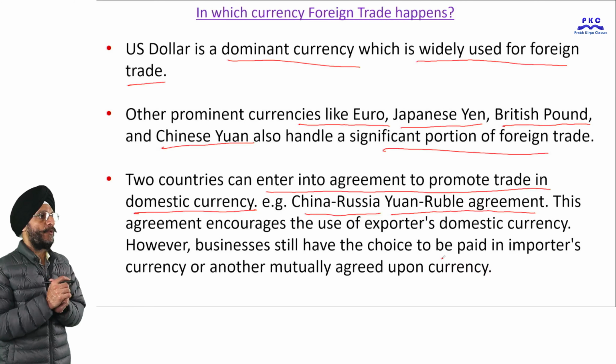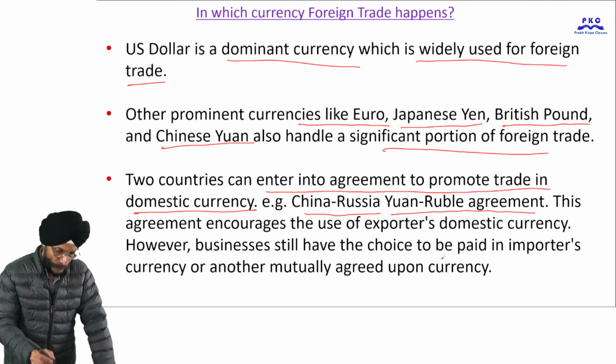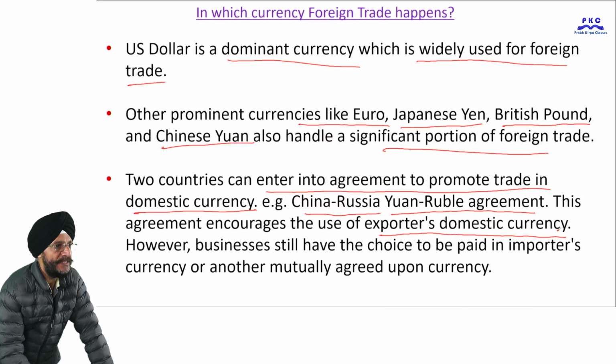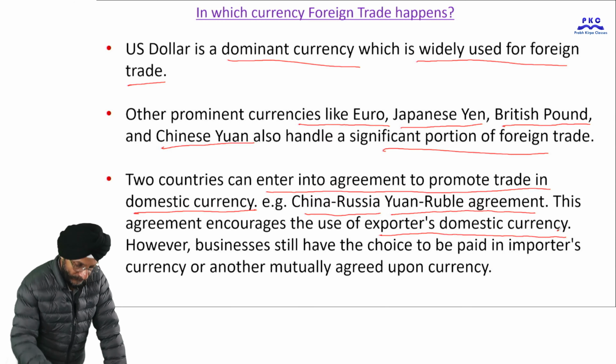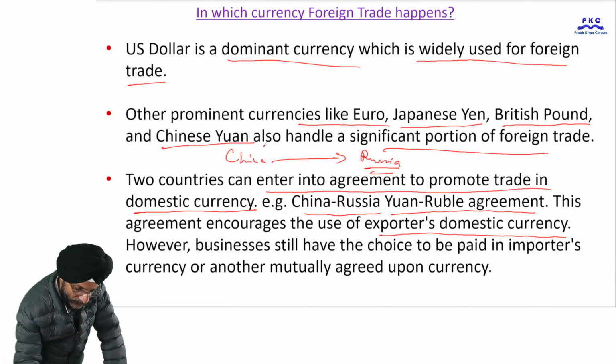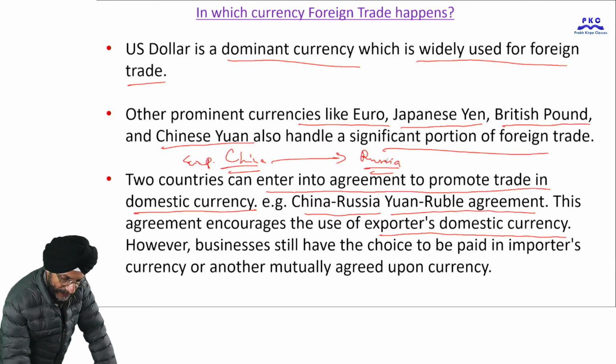What is this agreement for? This agreement encourages the use of the exporter's domestic currency. It means that if goods are being sent from China to Russia, here the exporter is China, so the Chinese currency will have to be paid by Russia.